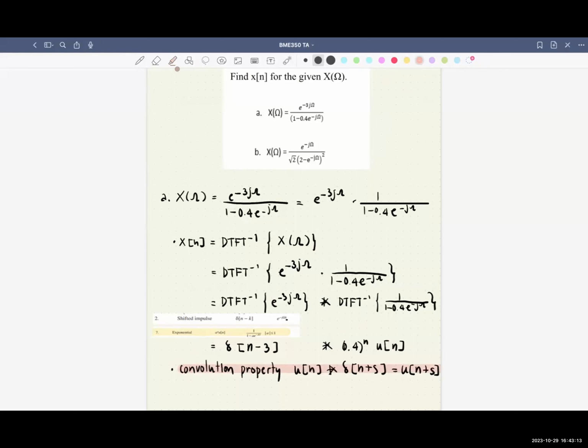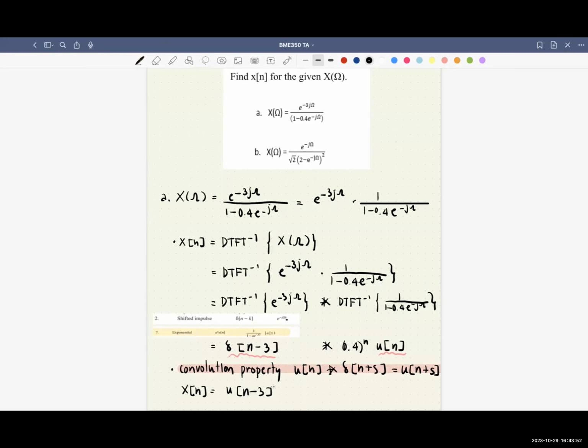And we can simplify our term further. Do you see something here? I have a delta function that got time shifted, and I have a unit function here. Therefore, my x n can still be simplified further as, let's look at this, u n minus 3, right?